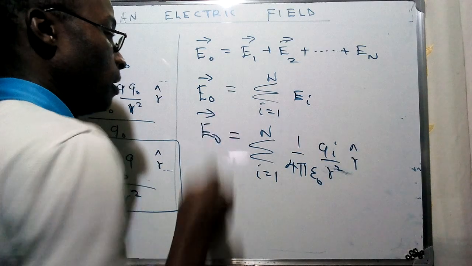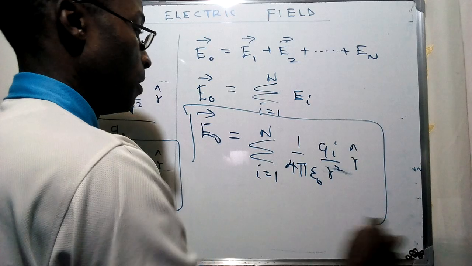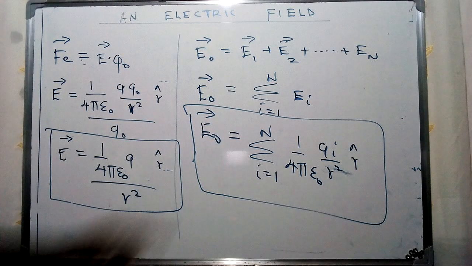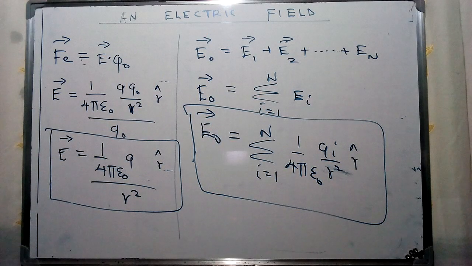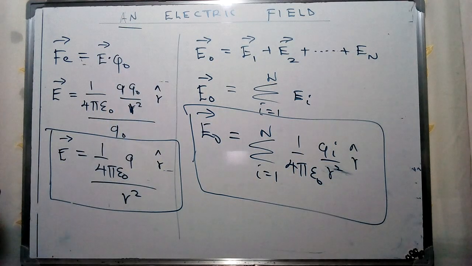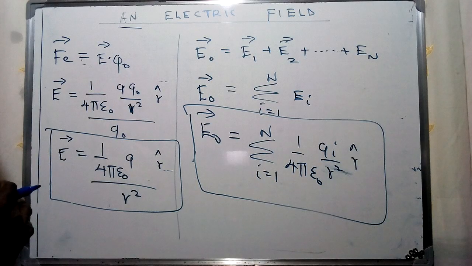So this is a general representation for the presence of other particles having an effect, and it assists us in identifying a way of representing an electric field in a system of particles or charges.